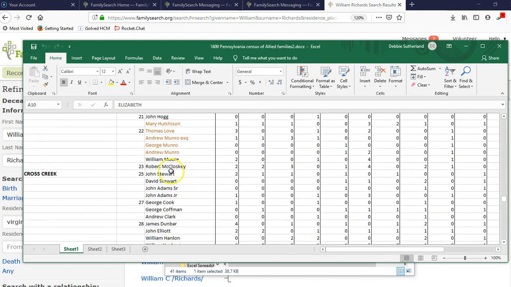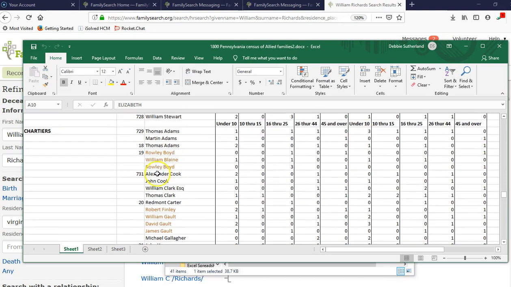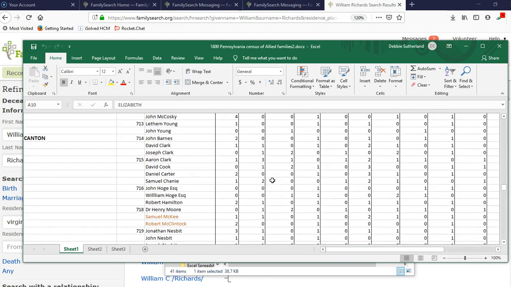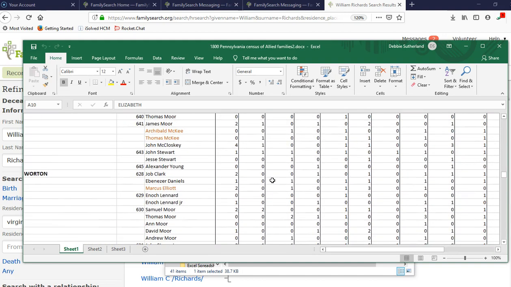So basically, you can go on and, if there's names that are really closely related, you can do different coloring. You could color code this any way you want to, but it's just really nice to have all this information so that you could say, okay, these are the people that were here this year. Then I took people in the 1810 census.